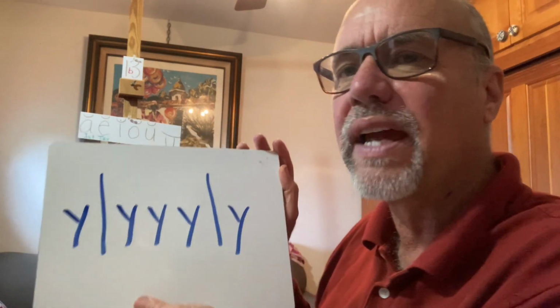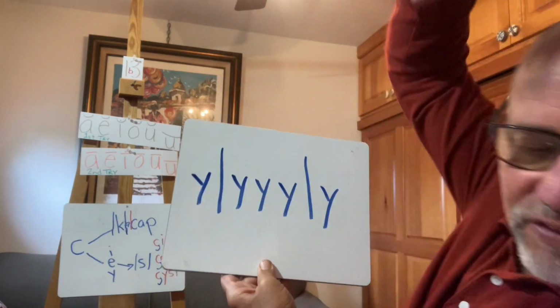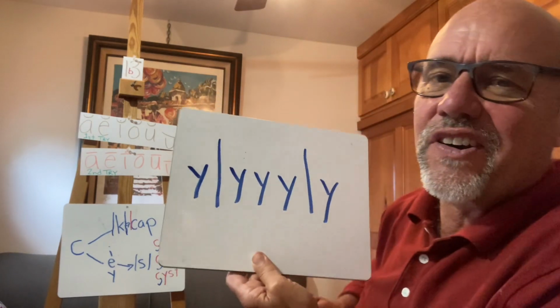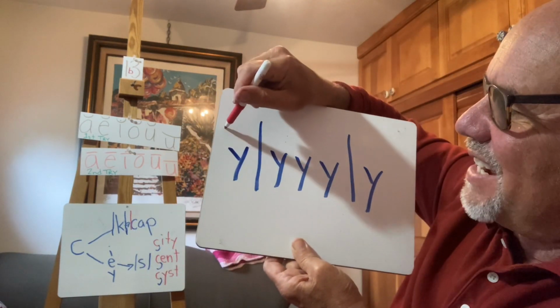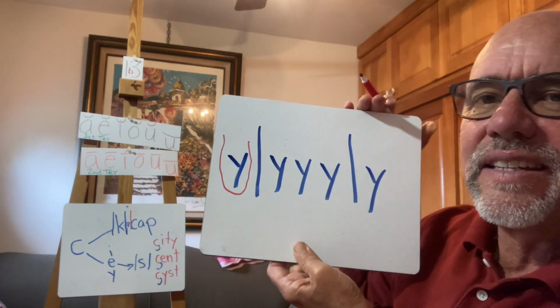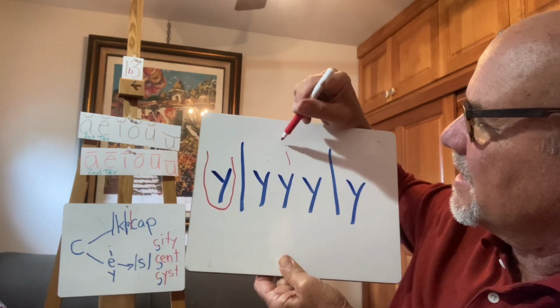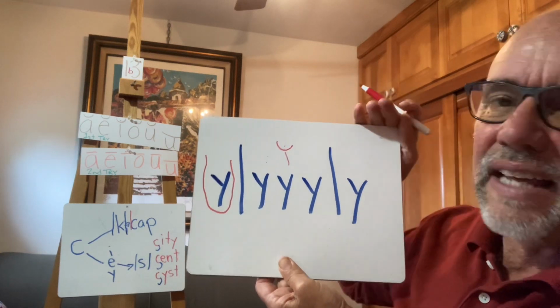Let's review what Y does. What Y does in a word is based on where it's located. Y, first letter, uses its own sound: yeah, yes. Y inside a word, first try short I, like system.